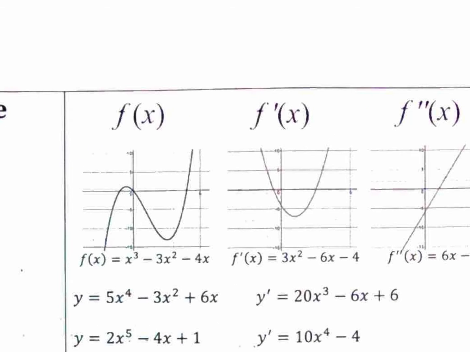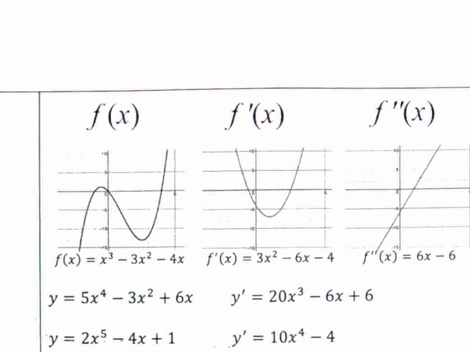Here I have an example of a cubic function, and it's provided down below. If I were to take the derivative of the cubic function, this would be my resulting equation. F prime of x equals 3x squared minus 6x minus 4. So it looks like we're going from a cubic shape into a quadratic shape. Or here we have two maxes and mins, and now I've only got one minimum.